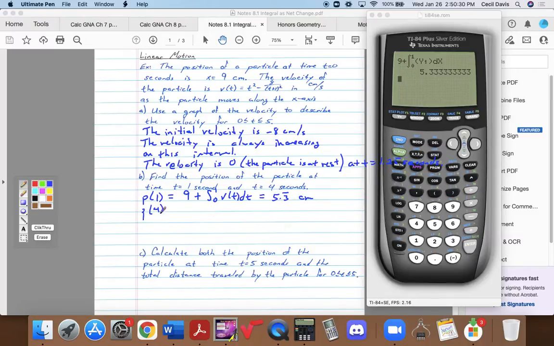Then P at 4 will just be 9 plus the integral from 0 to 4 of V of t dt.